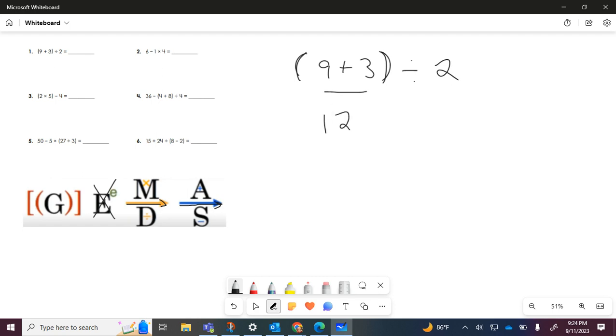Once I do that, I cross it out, and everything that's left slides down. So the divided by 2 I bring down, and then I can solve that. 2 goes into 12 6 times, so my answer would be 6.